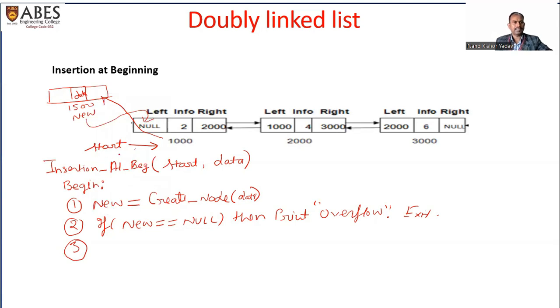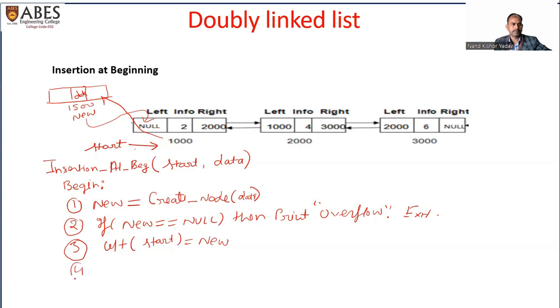So firstly, we write left of start is equal to new. We have connected this node new to this one, meaning this node will have its previous node now.